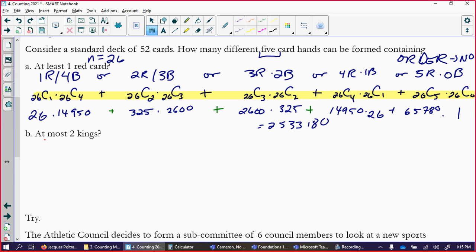At most 2 kings. Well, we've got 4 kings in the deck. How many other cards? 52 minus 4 is 48. Other. At most 2 kings.